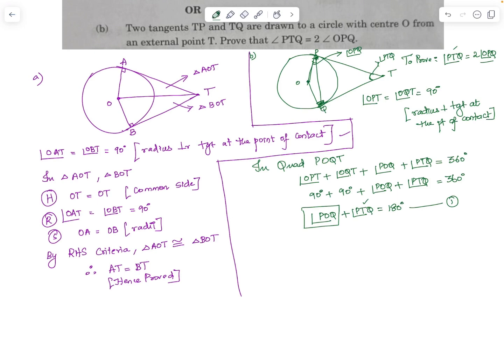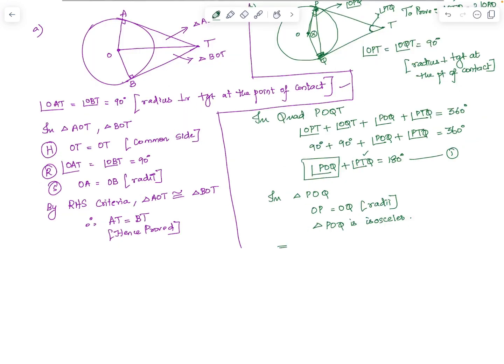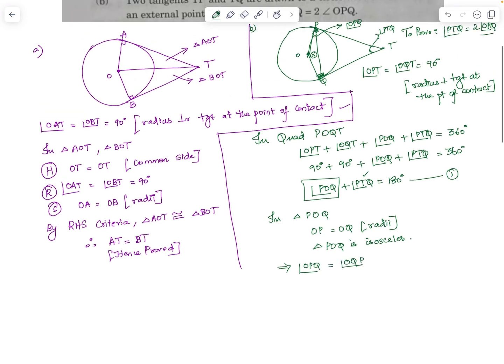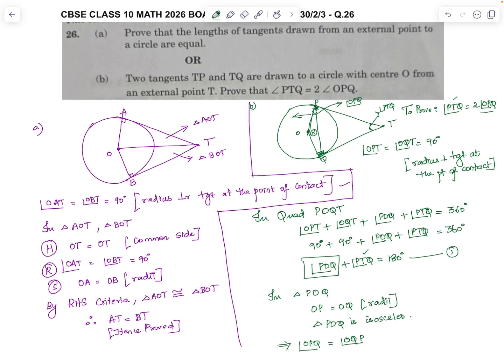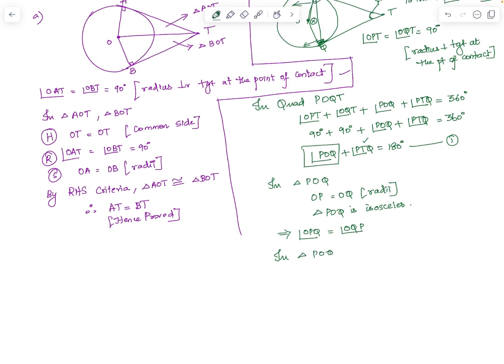Now let us get into this small triangle POQ. Here OP is equal to OQ. They both are the radii of this circle, which means that triangle POQ is isosceles, which implies that angle OPQ is equal to angle OQP. So that is, I am talking about these two angles. Now in that small triangle POQ, the sum of the angles is equal to 180.